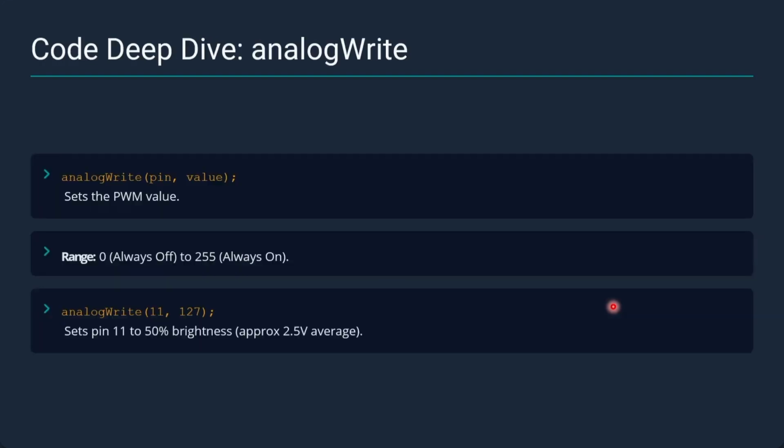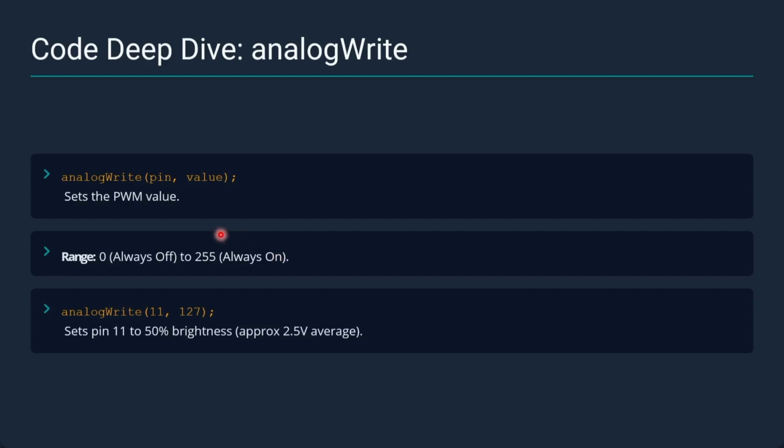Okay, now we will see the code. The function is analogWrite(pin, value). The value range for PWM is 0 is off, 255 is on. Okay, range is 0, that is always off, 255 is always on.